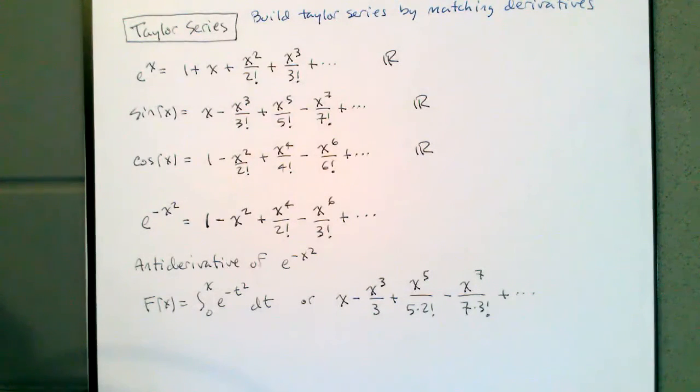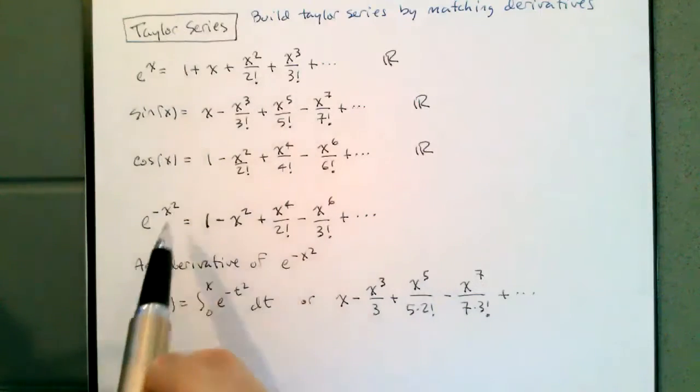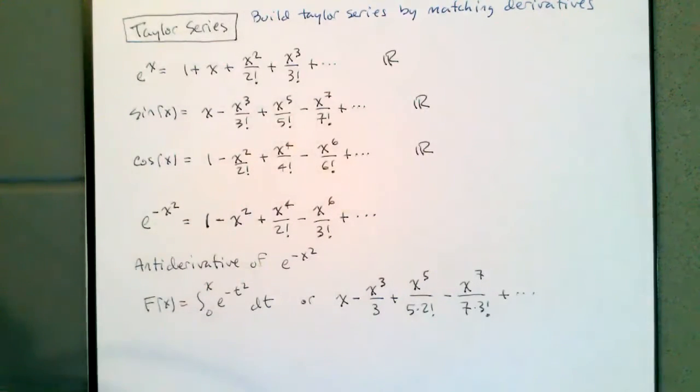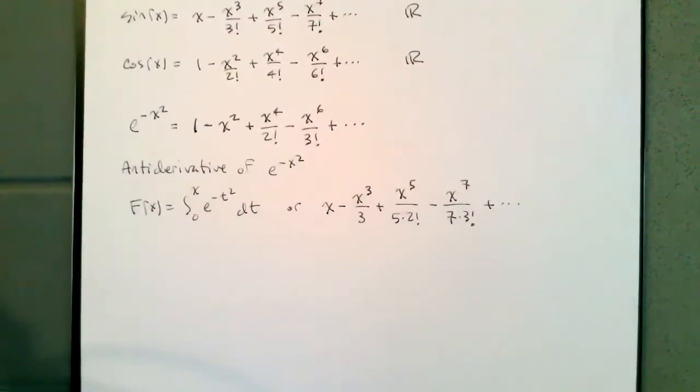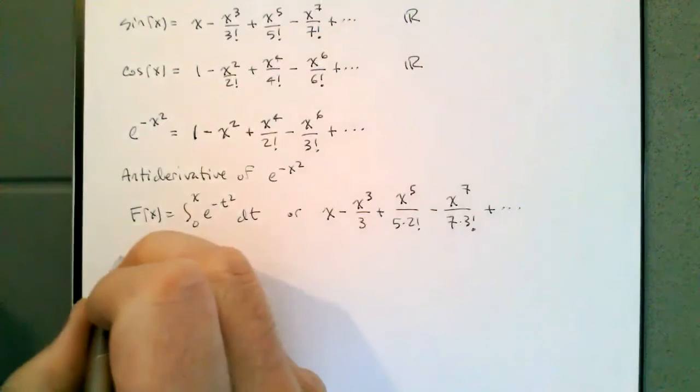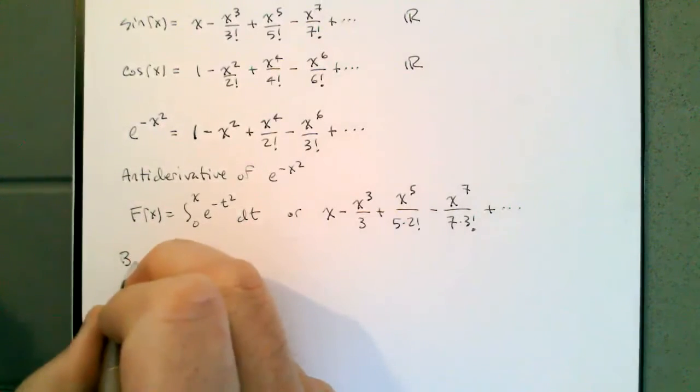That was an important thing to recognize, that we could just plug stuff in to generate new Taylor series without taking derivatives. Today, we want to find a new Taylor series by taking derivatives. So let's take a look at the binomial series. This is going to be another important Taylor series for us to remember.